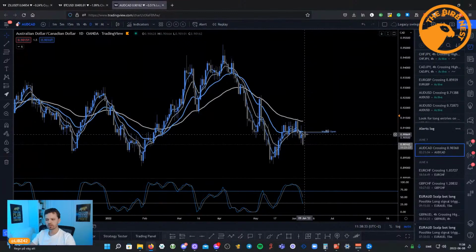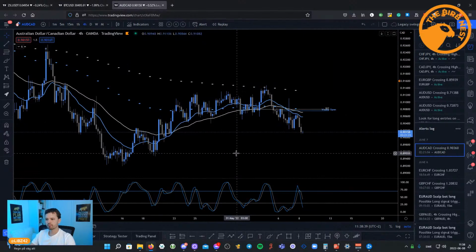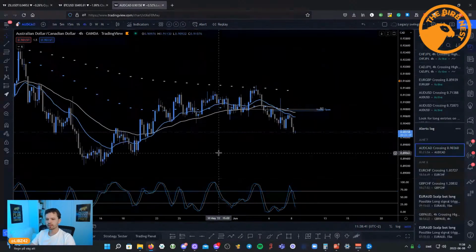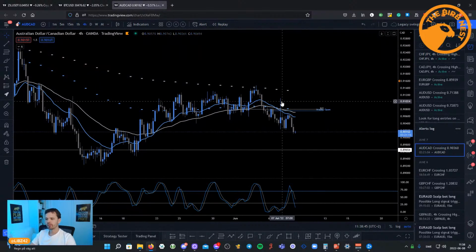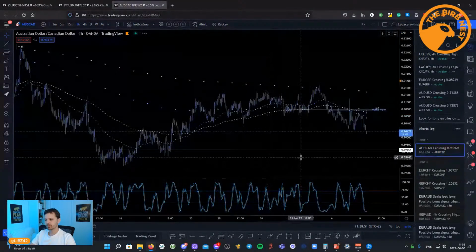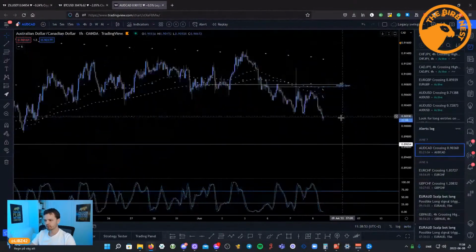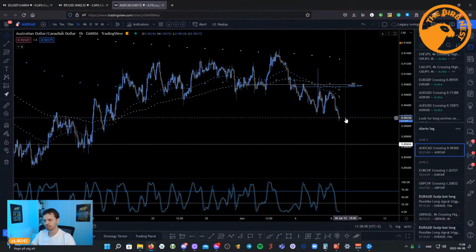Obviously this current daily candle is painting a very clear picture of where we might be headed, and I'm thinking down to this area right here. But I believe the short setup is gone at this point. So I'll just have to be patient here and wait for price to do something, right?